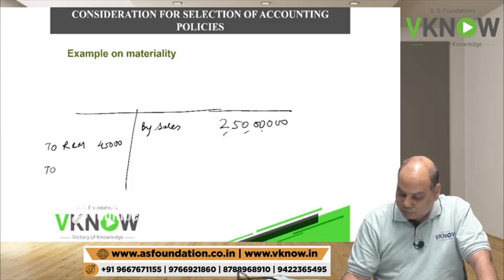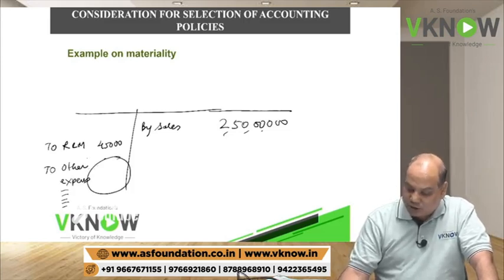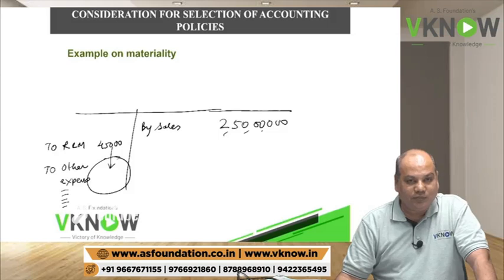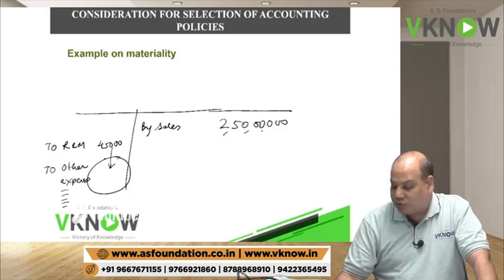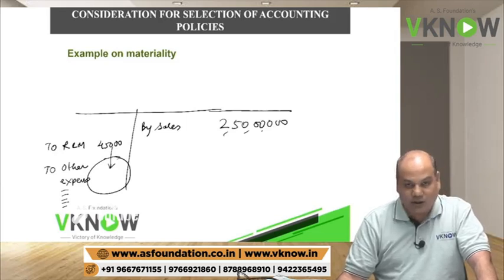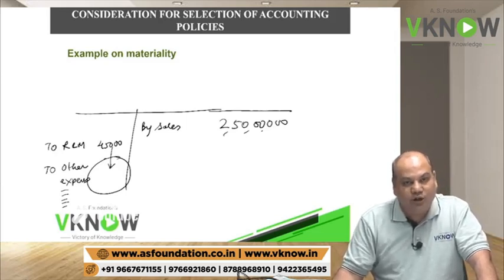What can we do? We can club it with other expenses. All these small items we can put together under the head other expenses. Now it is not material. There is no need to show it separately because the turnover is 2 crore 50 lakh. In front of that, an amount like 45,000 may not be material, and therefore while presenting repairs and maintenance, you may include it in other expenses.